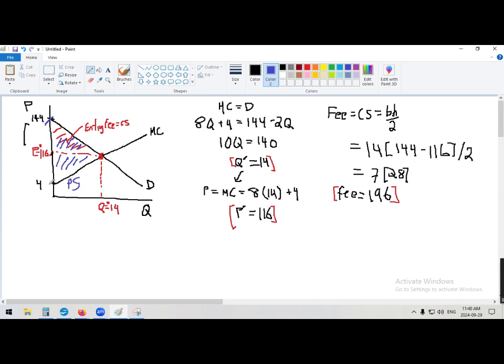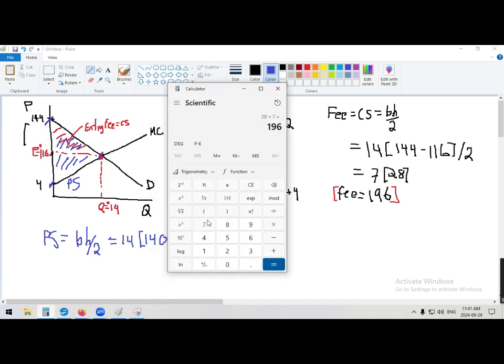So the producer surplus area is all here. We have base times height divided by 2. The base from 0 to 14 is 14. And then the height is going from 144 down to 4, so that'd be 140, divided by 2.